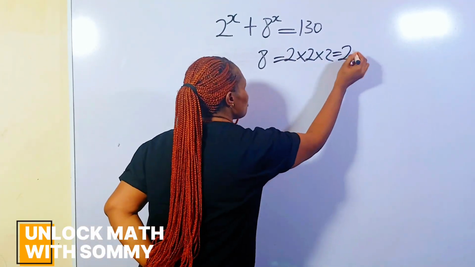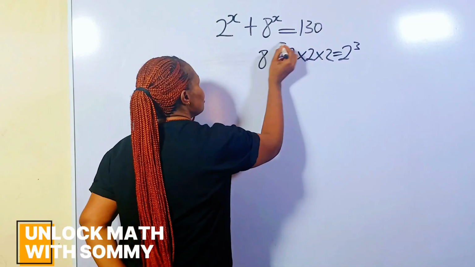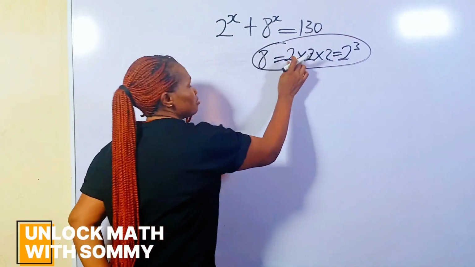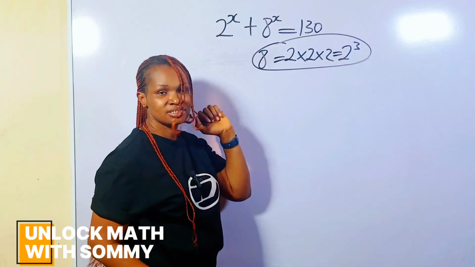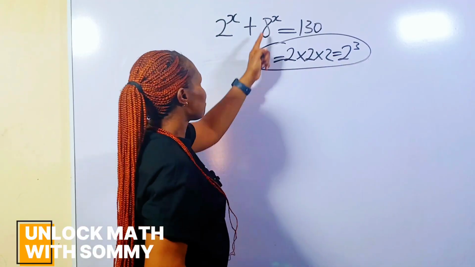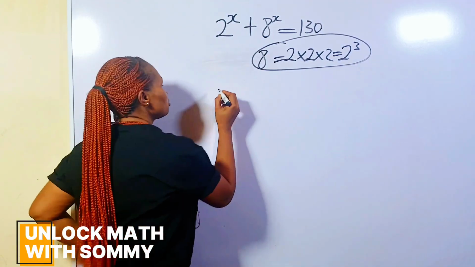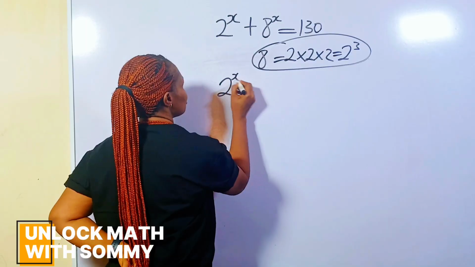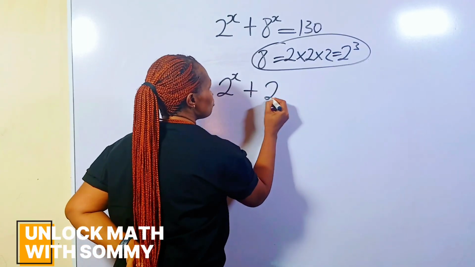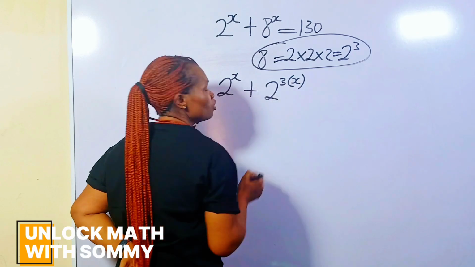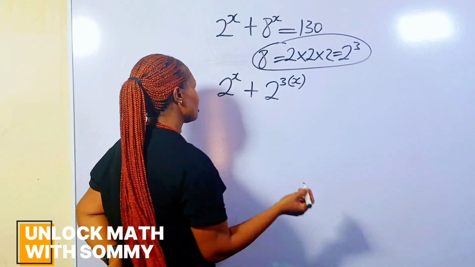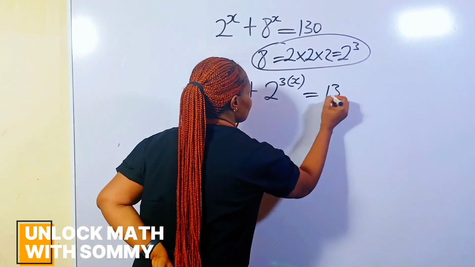We now have 2 raised to the power 3, which is the same thing as 8. We now apply this here, and we have 2 raised to the power s plus 2 raised to the power 3s, which is equal to 130.